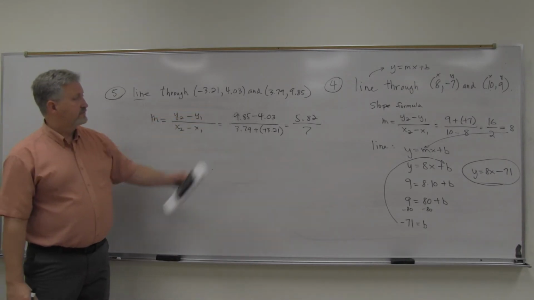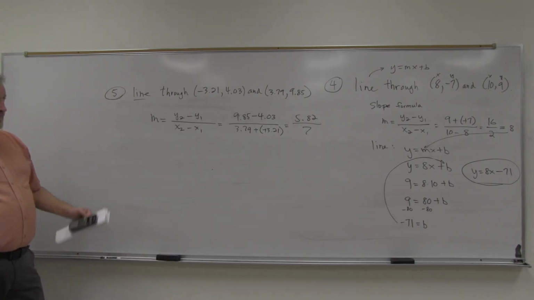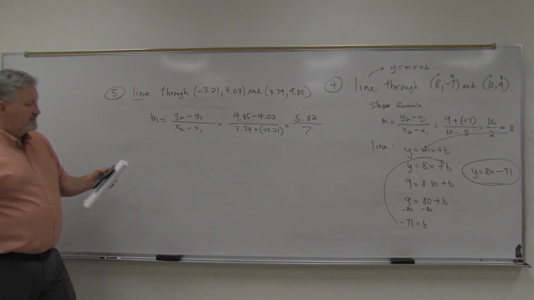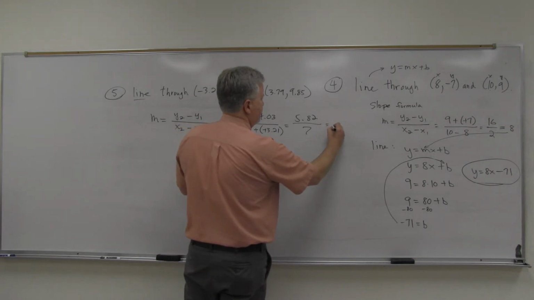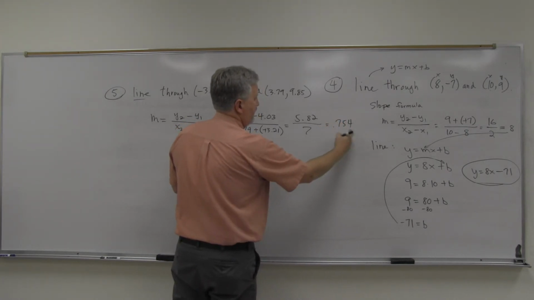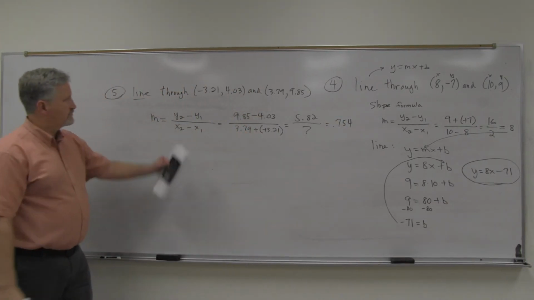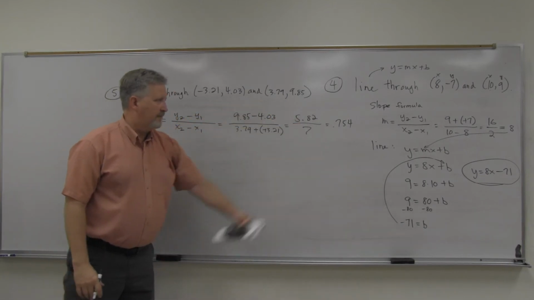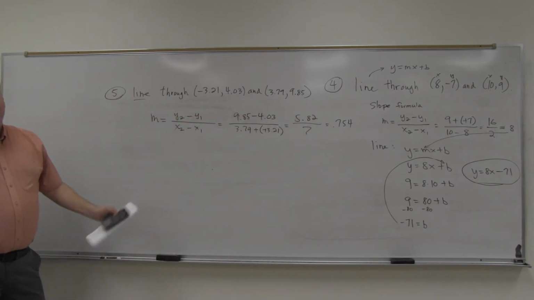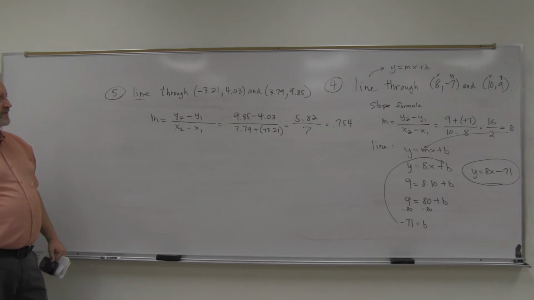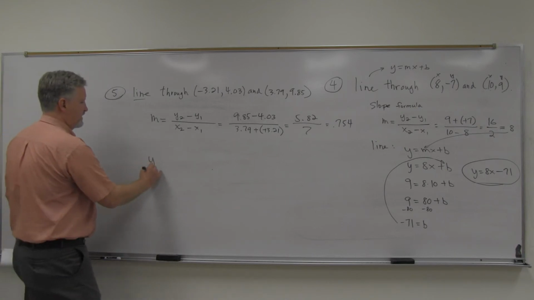We got two places in the numbers, so we may want to do 3 places in this slope. It may tell you, but I'm going to go with 3. All right. 3 places. So that's y equals mx plus b.